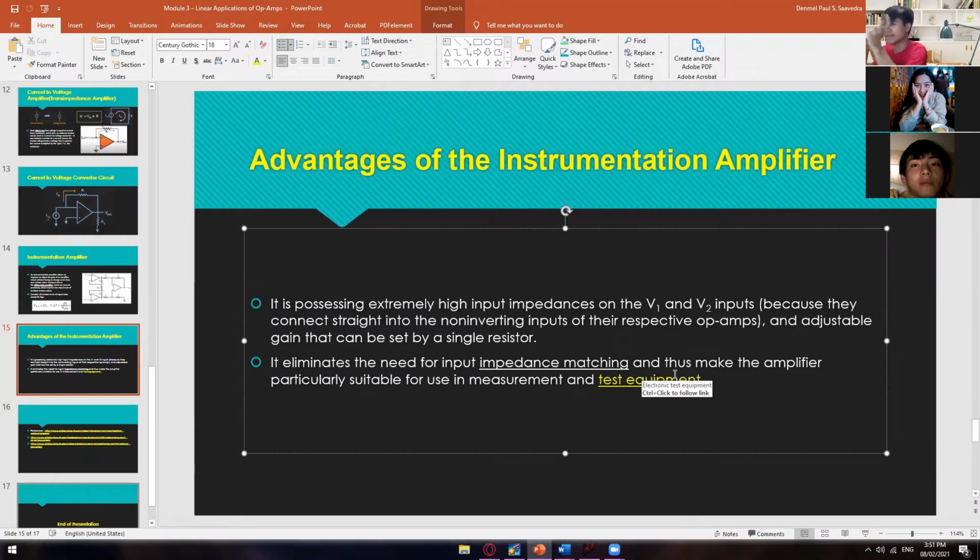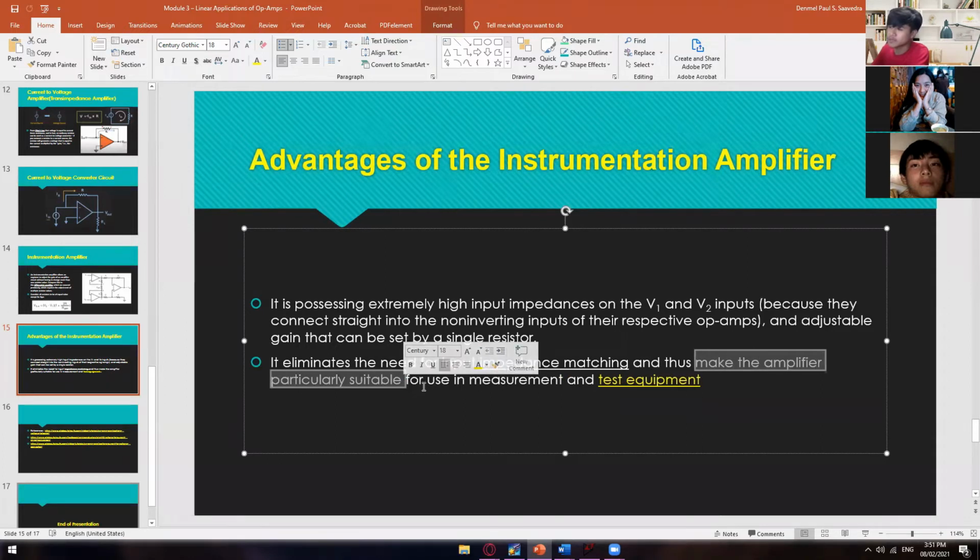It doesn't have that much effect on our output, and thus makes the amplifier particularly suitable for use in measurement and test equipment. As I mentioned a while ago, this is mostly used to test some equipment, devices, or a certain circuit.